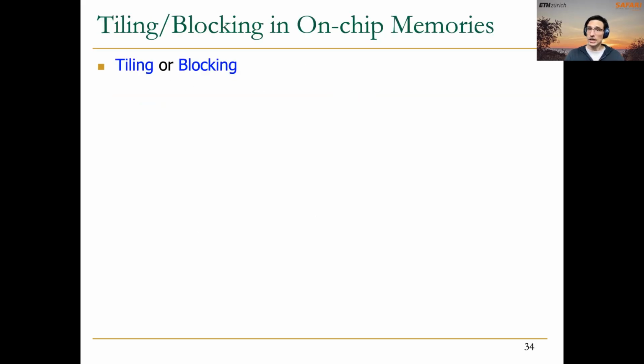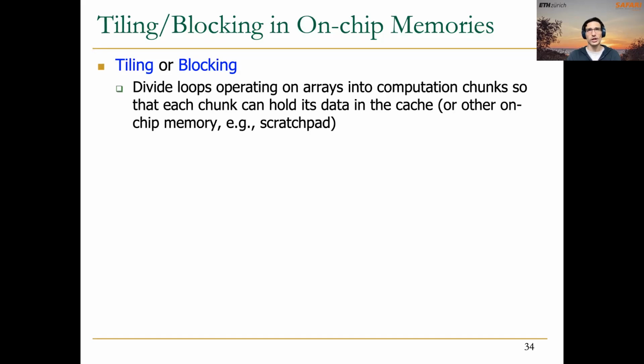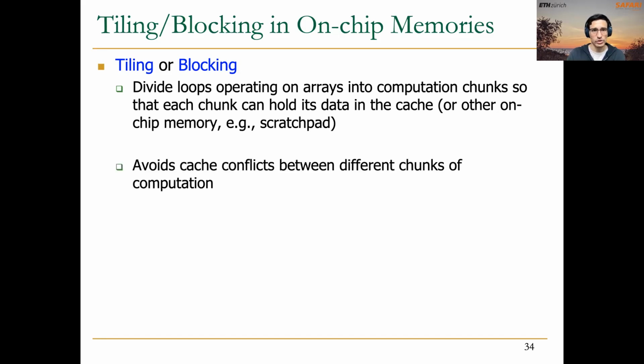So this technique is called tiling or blocking. As I said, it's not only used in GPUs, it's also used in CPUs and other processors as well. It essentially consists of dividing loops operating on arrays into computation chunks so that each chunk can hold its data in the cache or other on-chip memory, for example, the shared memory or scratchpad in the GPUs.